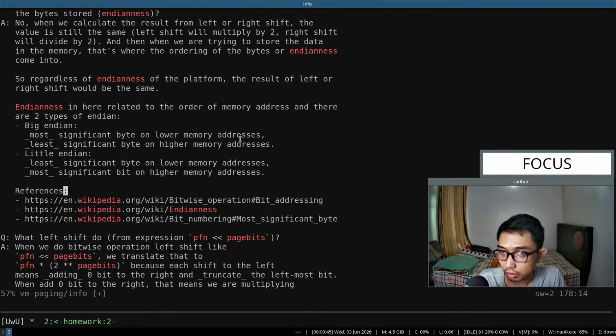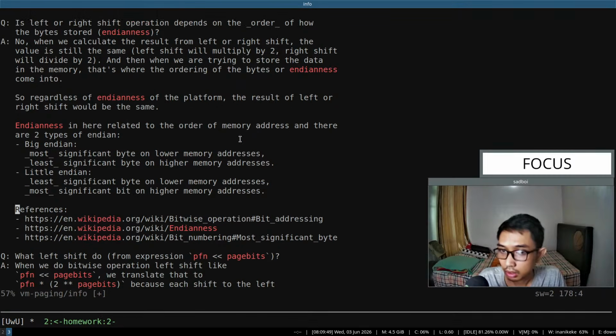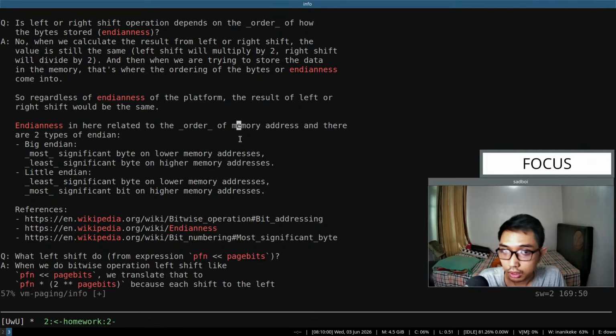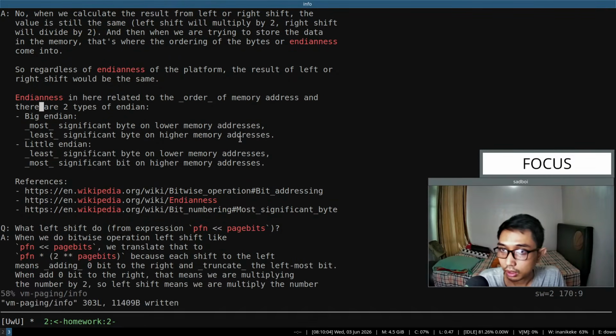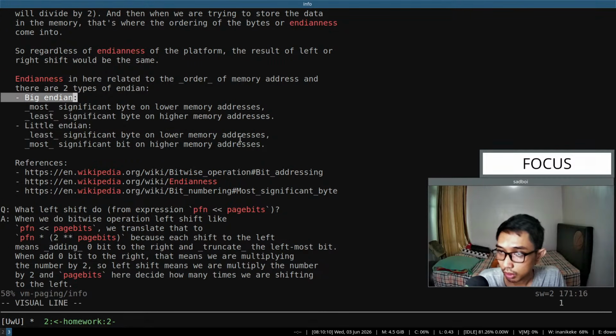Okay, remove that. Order of memory address, and there are two types of endian: big endian and little endian.